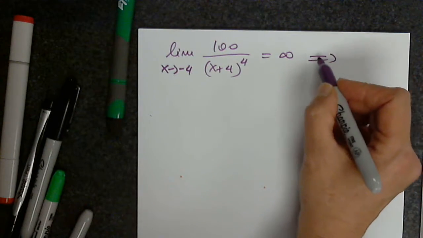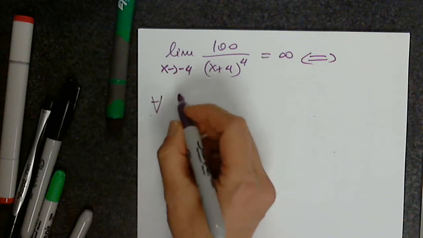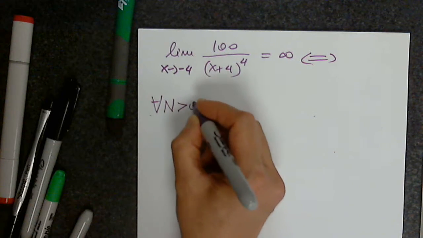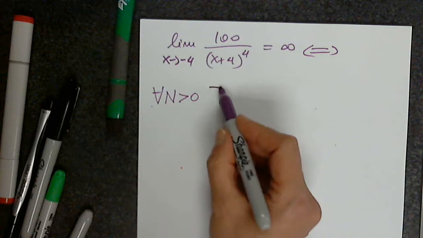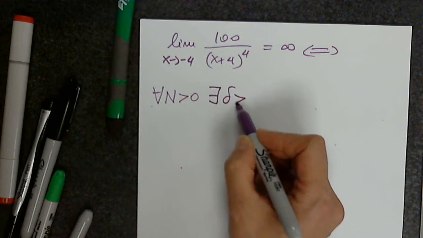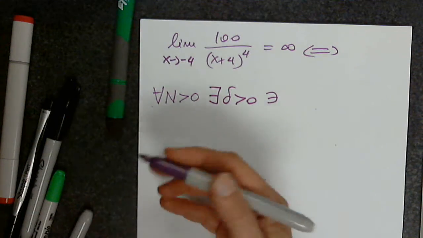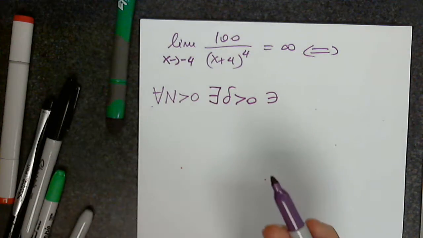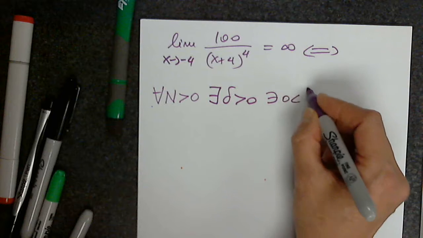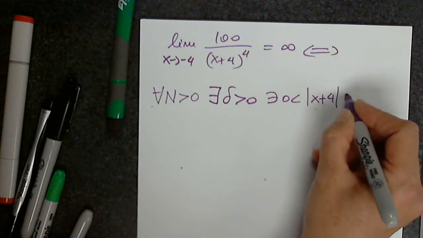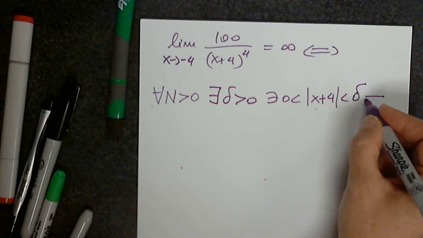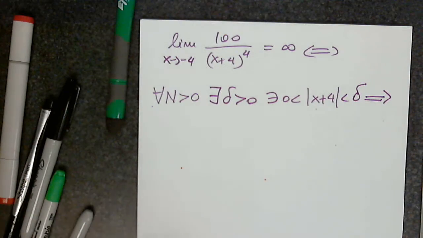So this is equivalent to saying that for every n greater than 0, I will find a delta greater than 0 such that, nothing different other than the fact that we are using n, 0 less than x plus 4 less than delta will imply, can anyone tell us what we will imply?